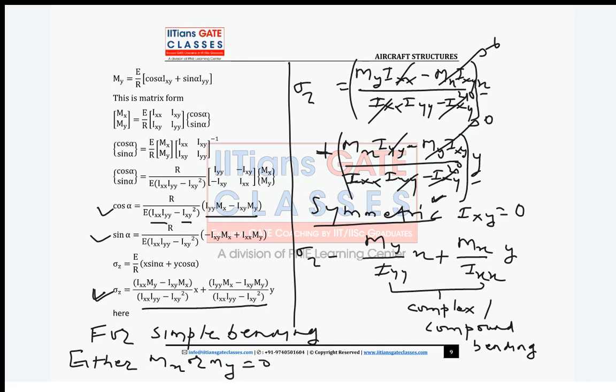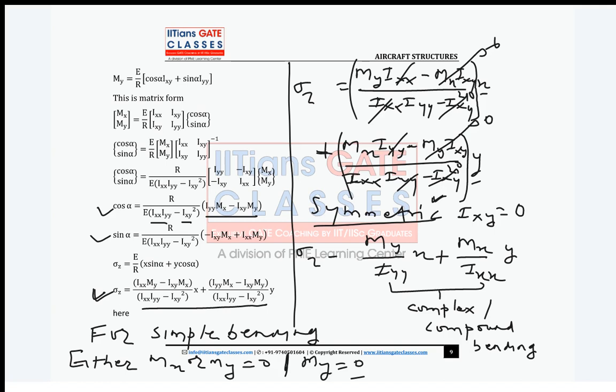Usually what is 0, guys? Can anyone tell in simple bending? My is usually 0 in simple bending.